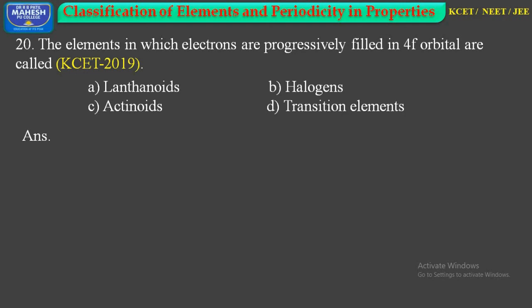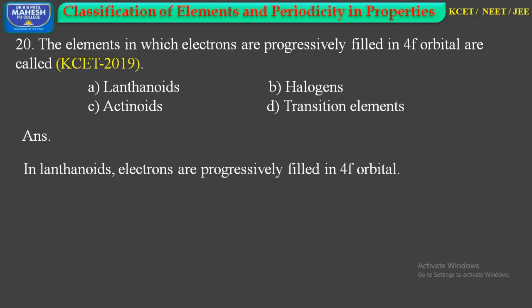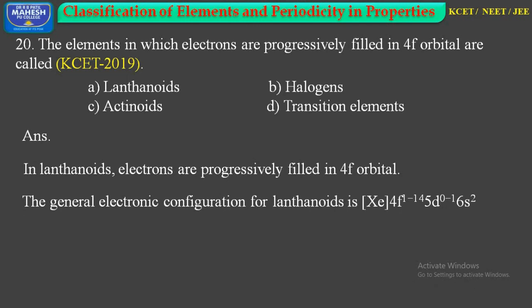Students, in lanthanoids, electrons are progressively filled in 4f orbitals, and the general electronic configuration of lanthanoid series is xenon 4f 1 to 14, 5d 0 to 1 and 6s2. So the right answer is option A lanthanoids.